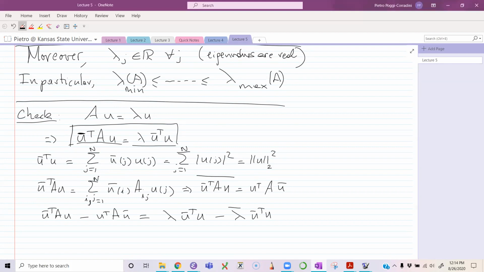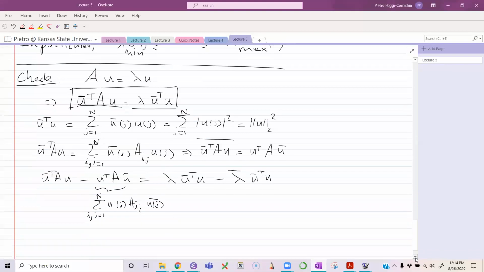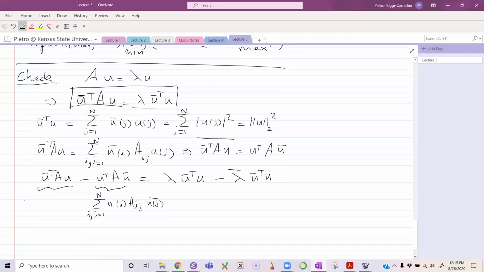But if you write this out, it may not seem like it immediately, but it's actually the same as this expression.